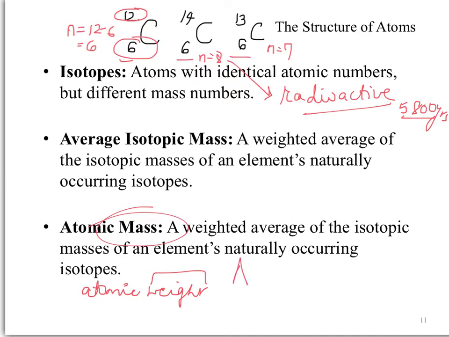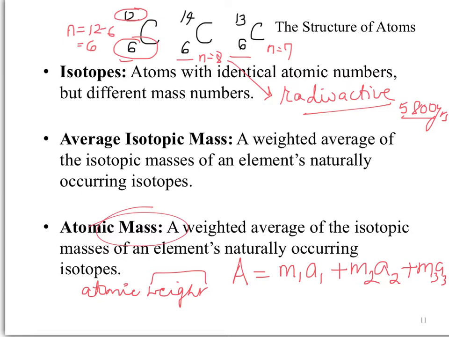So atomic mass A is going to be equal to mass of the first isotope times its abundance plus mass of the second isotope times its abundance plus mass of the third isotope times its abundance, and so on and so forth. Tomorrow, if you have another element, let's say lithium, and it has 7 kinds of isotopes, then you have to include the masses of each one of those.